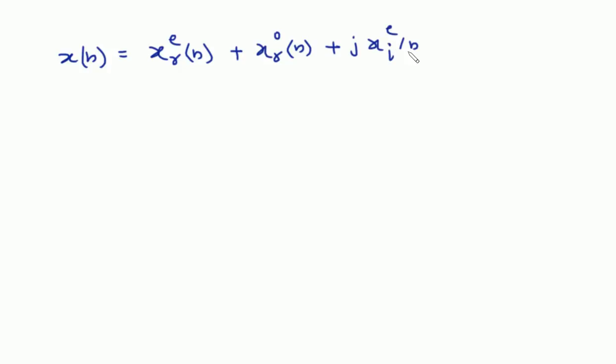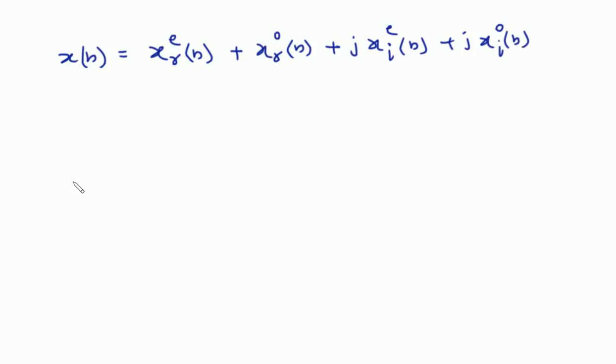We can write it like this. We have four parts of x[n], where x[n] is real and even, and real and odd, then imaginary and even, and imaginary and odd.